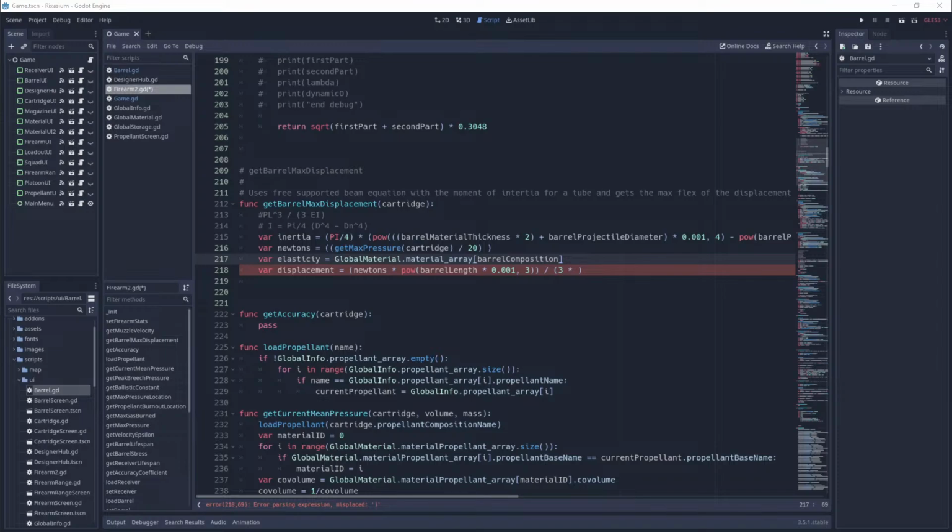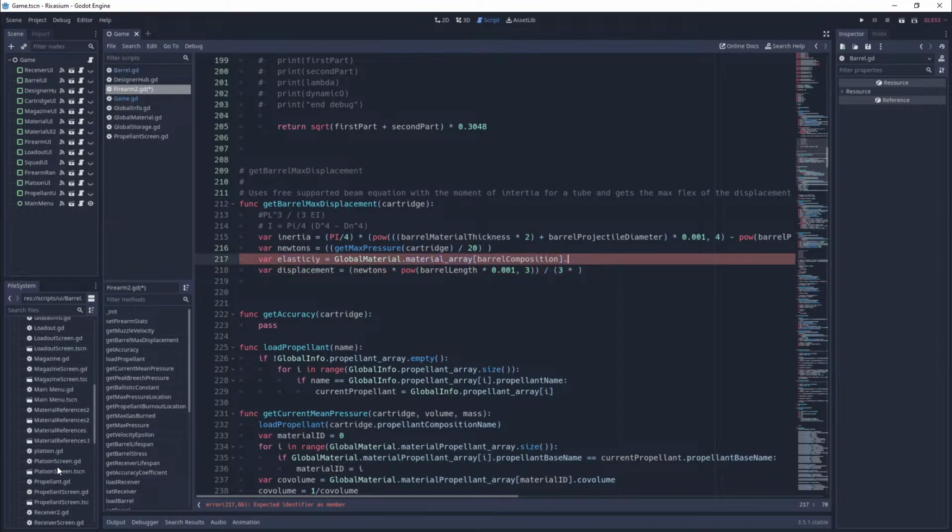What else do we need in this particular section? No, other than that, I'm gonna take this, and then we're gonna do the global material.